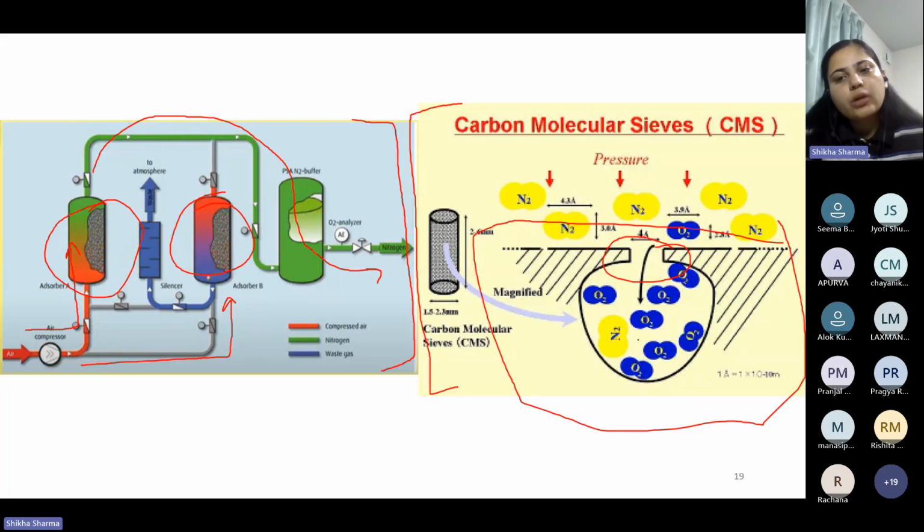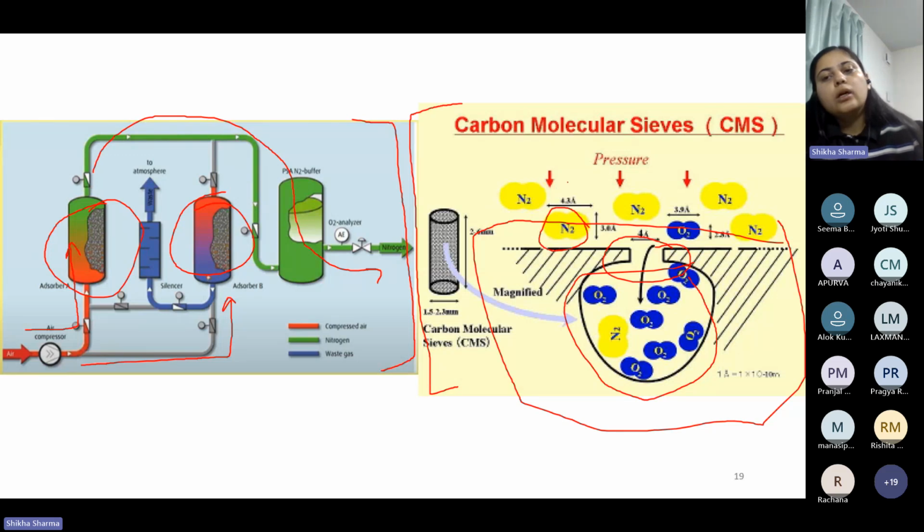Because the oxygen molecular size is small, it can go and accumulate in these pores, whereas the nitrogen molecular size is bigger, so it will be outside.